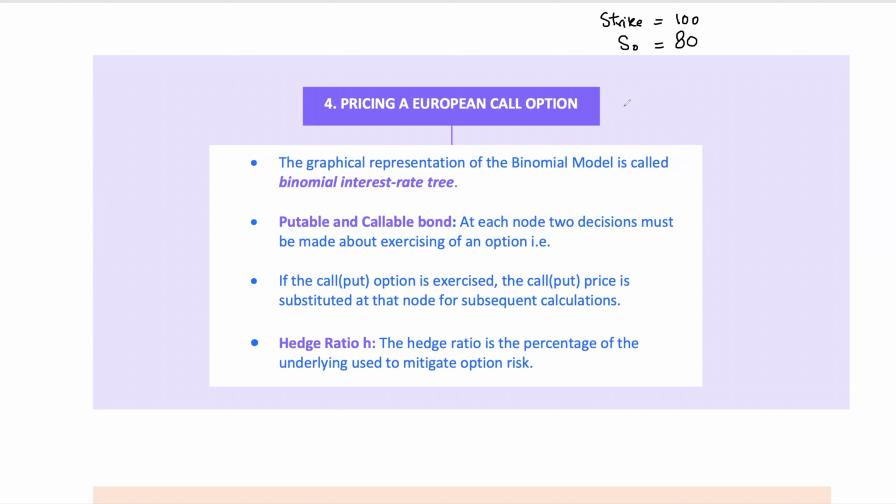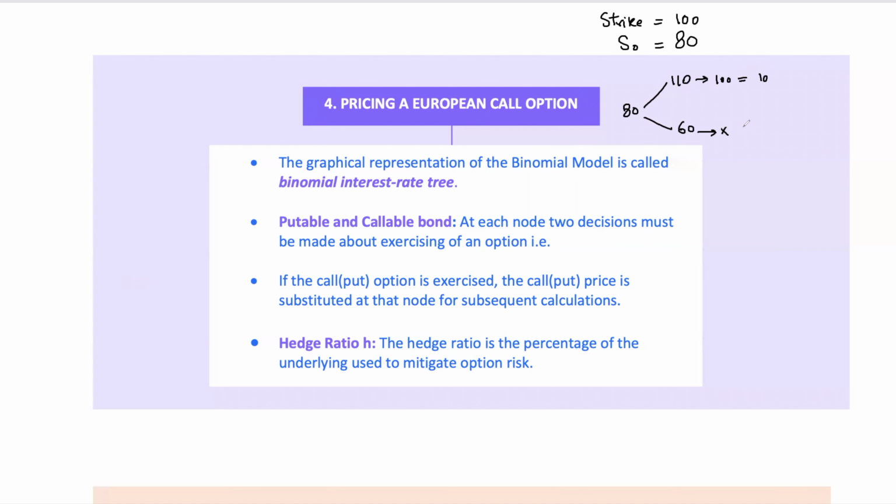The stock's current price is 80. And in 1 year, it can either go up to 110 or drop to 60. If the stock goes up to 110 euros, your call option lets you buy it at 100 and sell it for 110, making a profit of 10 euros. On the other hand, if the stock goes down to 60, the call option becomes worthless because you wouldn't buy it for 100 when it's only worth 60.